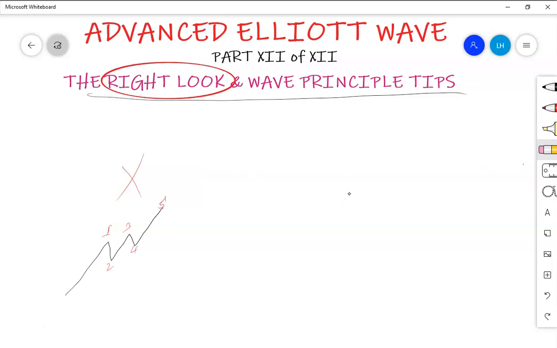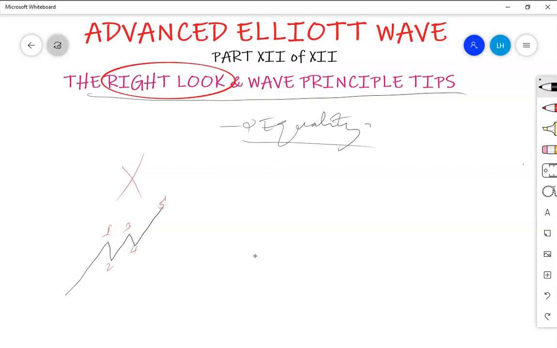not correct. Why is it not correct? Because usually the third wave cannot be the shortest. Do you see? The third wave cannot be the shortest of the first, the third and the fifth wave. But it can attain equality with either the first or the fifth.